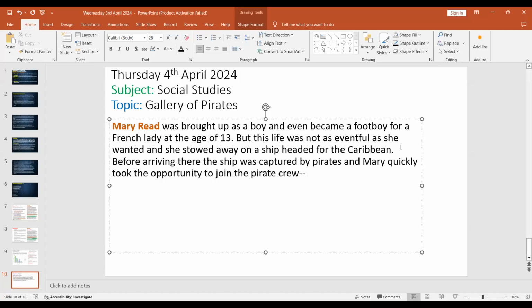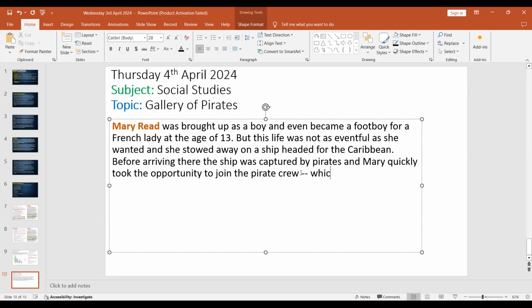Incidentally, this very ship that she snuck onto to go to the Caribbean was captured, and the person who captured it was John Rackham, right? And who else was on the ship with John Rackham? Anyone know? We talked about it last week. It's a female. Who else was on the ship with John Rackham? Anne Bonny. Very good.